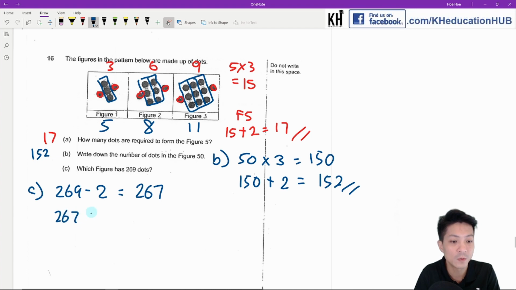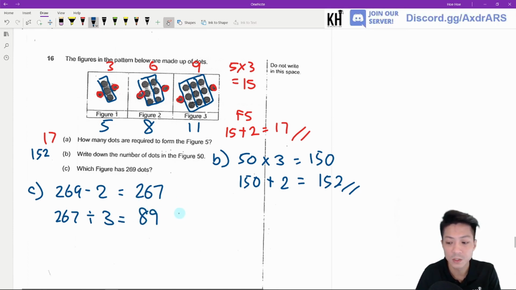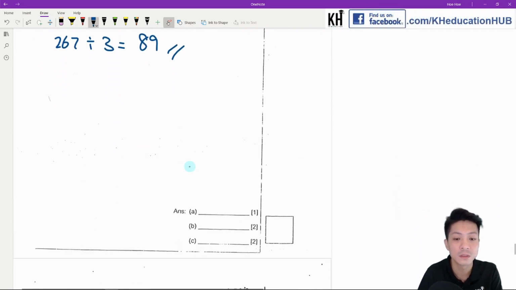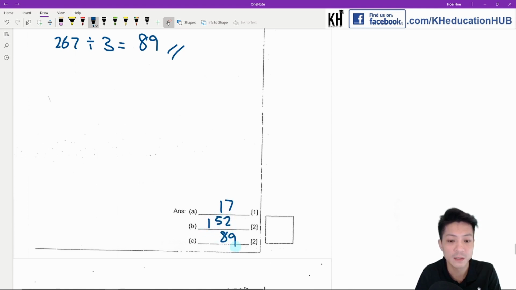And then the next step will be 267 divided by 3. It's going to be 89. So the last one will be figure 89. The answers are 17, 152, and figure 89.